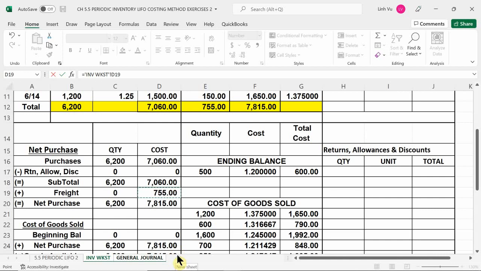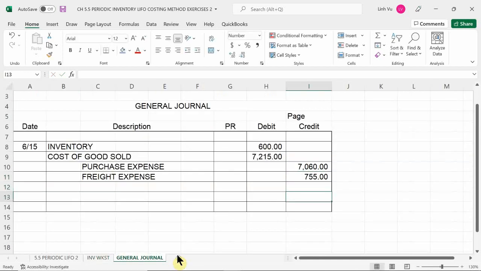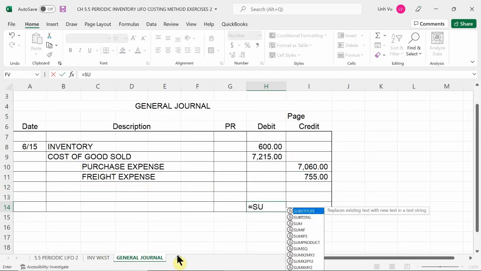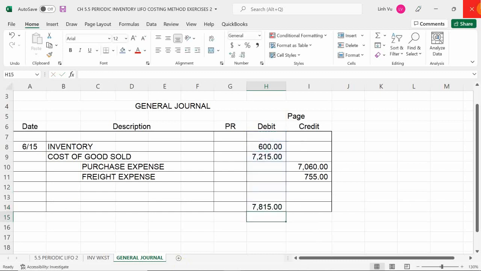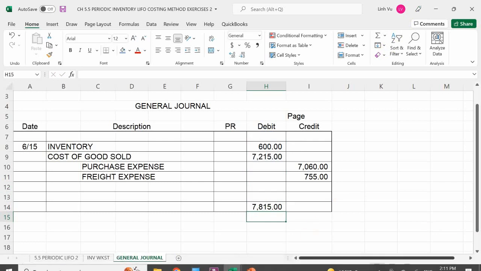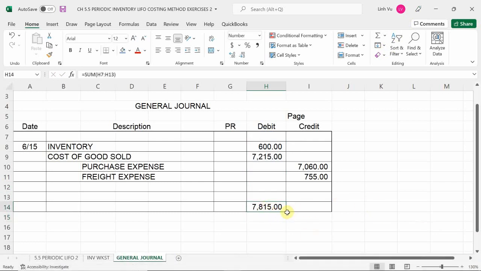755. Okay, and the rule of thumb for the journals is we need to ensure that we didn't make any typos or mistakes, that my debits of 7,815 must equal my credits of 7,815. So yes, we match both sides.